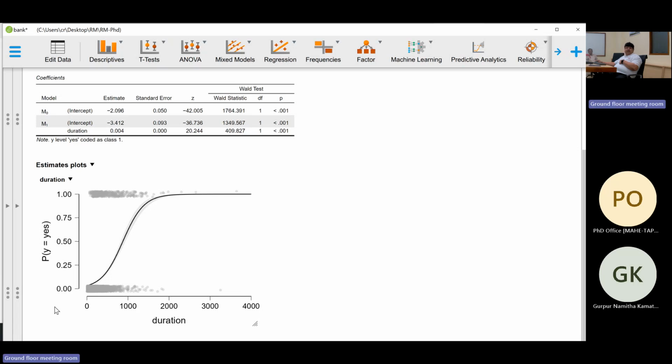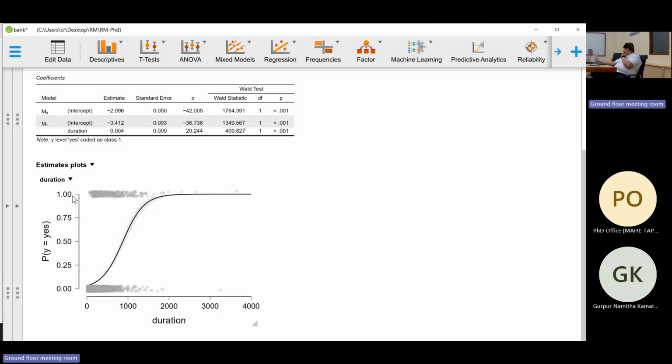So the y-axis here is the probability of availing the term deposit, y equal to yes.